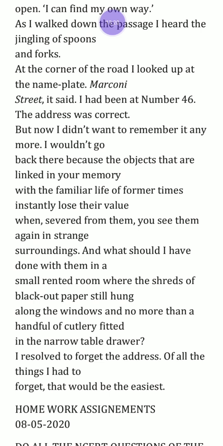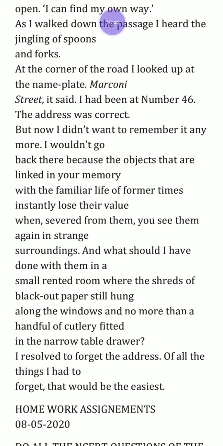My mother had advised me to visit, and the things that she claims belong to the narrator and her mother were authentic, original, and not false. This was correct, but now I did not want to remember it anymore. It means she wanted to forget everything for the ease and comfort of her life.